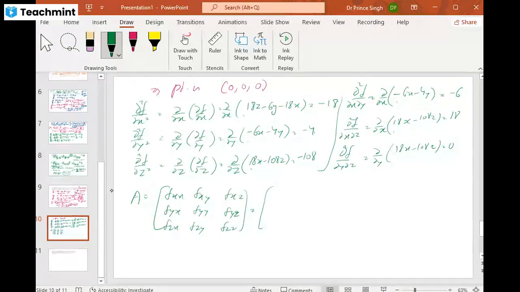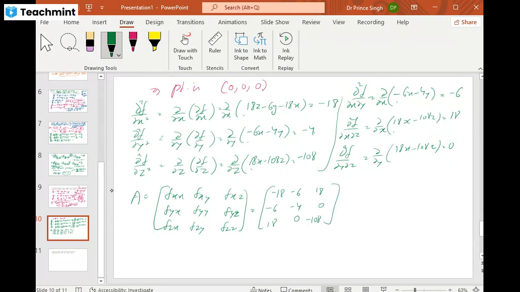The diagonal elements are −18, −4, −108. The xy and yx entries are the same, xz and zx are the same, and yz and zy are the same.